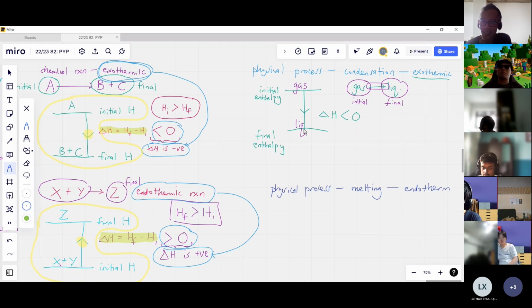So therefore, look at here. How is the arrow like? Upward arrow.